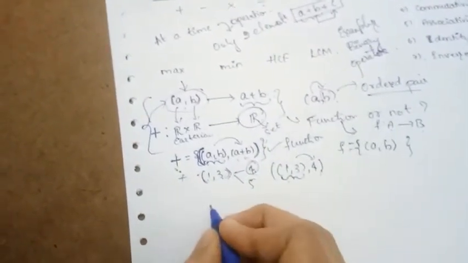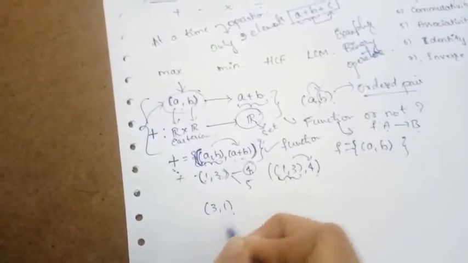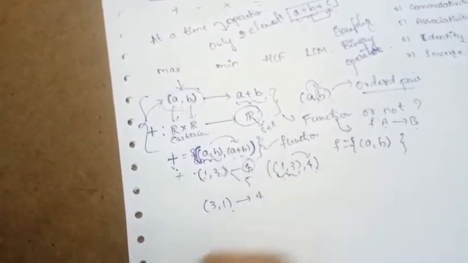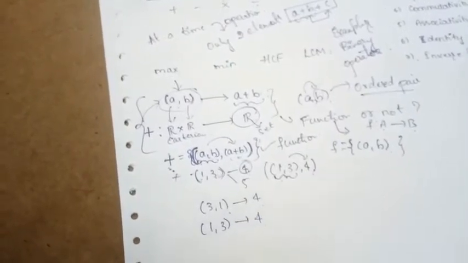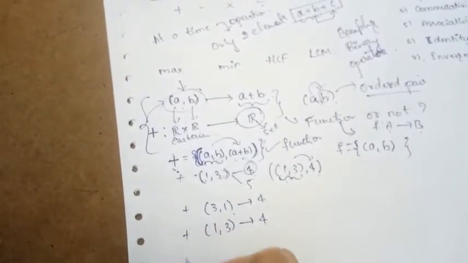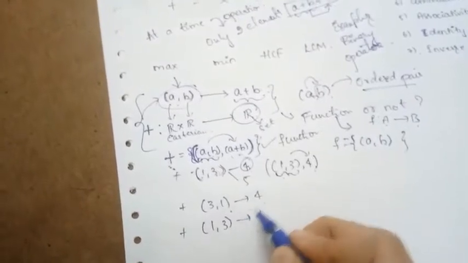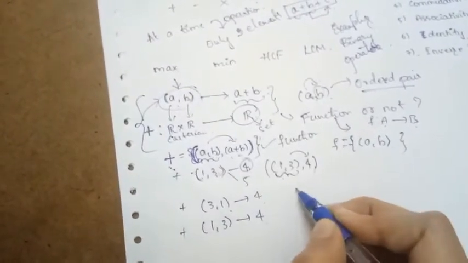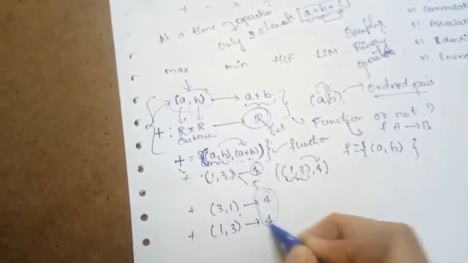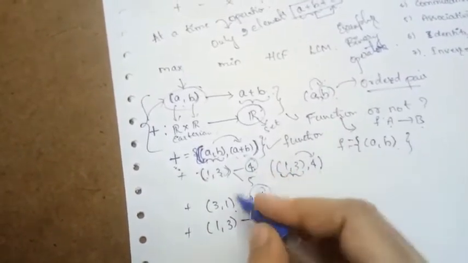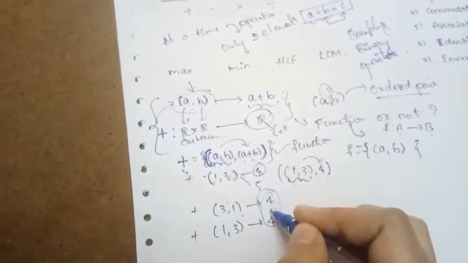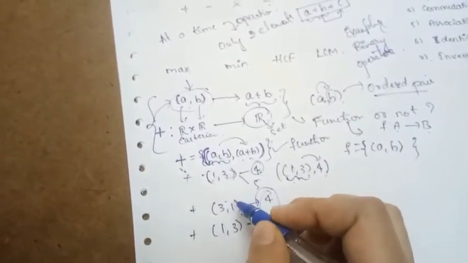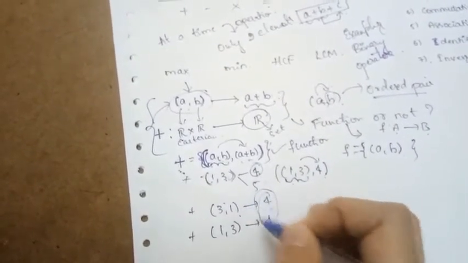Suppose I take (3, 1); at that time the sum is 4. For (1, 3) also the sum is 4, if addition is the operator. But this type is okay: for two distinct elements we can have the same image, but for the same element we cannot have two distinct images, right?